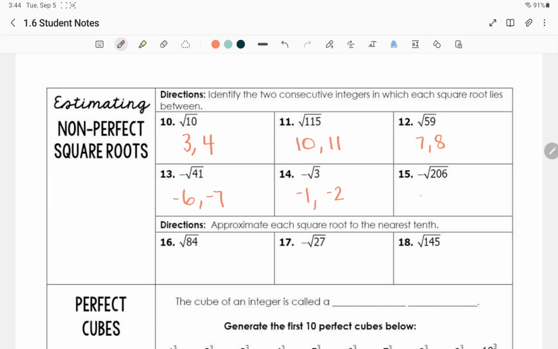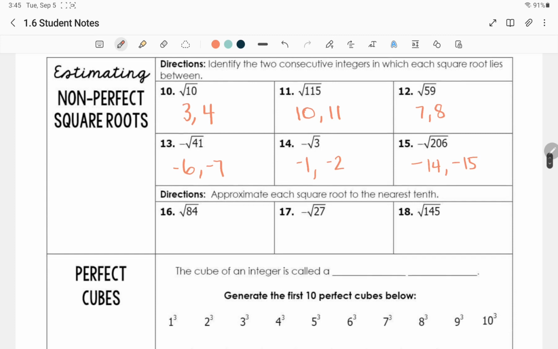So it would be somewhere in between a negative 14, and 14 times 14 is 196. And then it would be somewhere in between 14 and 15. 15 times 15 is 225. So that's too big, and 14 is too small. So be in between there.